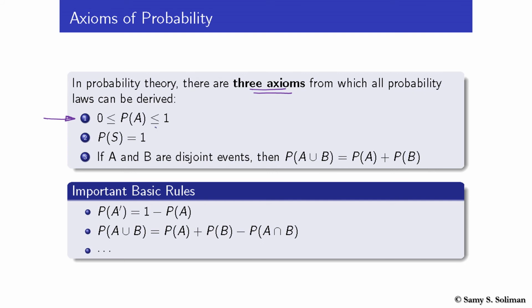And on the other side of this inequality, we cannot have a probability which is larger than 1, because any event whose probability is equal to 1 is an event which coincides with the sample space, or which includes the sample space entirely. So for example, if we ask what is the probability of having a face on the die either 1 or 2 or 3 or 4 or 5 or 6, actually these are all the possible outcomes.